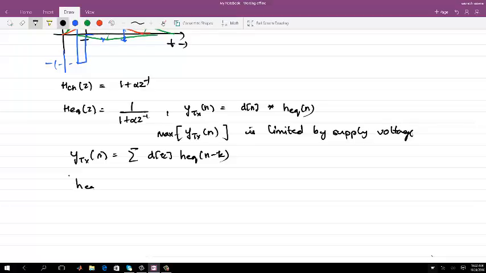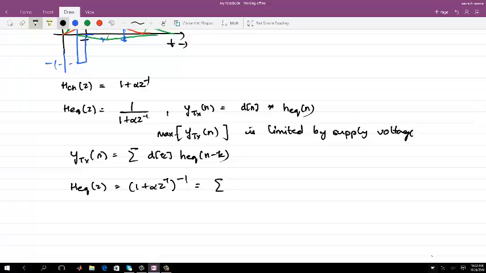So h equalizer of z is equal to 1 plus alpha z inverse, to the power minus 1, under the constraint that mod of alpha z is less than 1 for the binomial expansion.